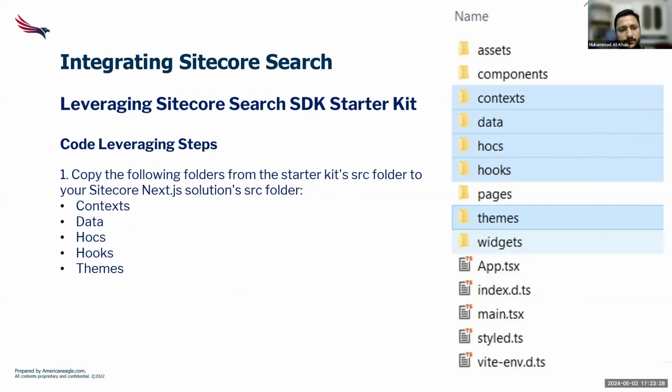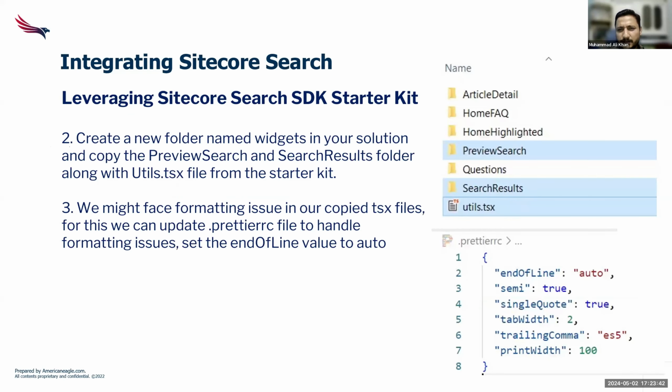So the very first step to leverage code from a starter kit is to copy these folders: context, data, HOCs, hooks, and themes. The context folder includes most of the language context.